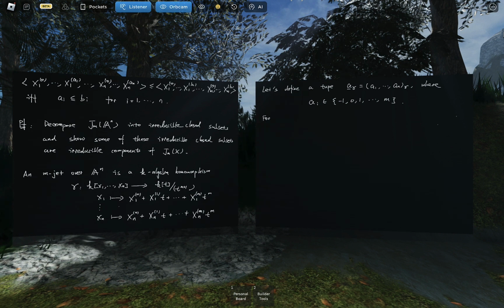So let's first, for i in this set with xi0 non-zero, we set ai equal -1.